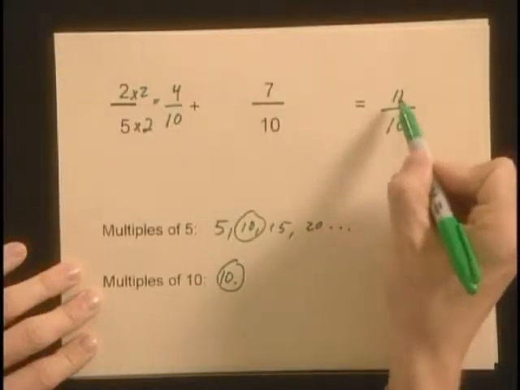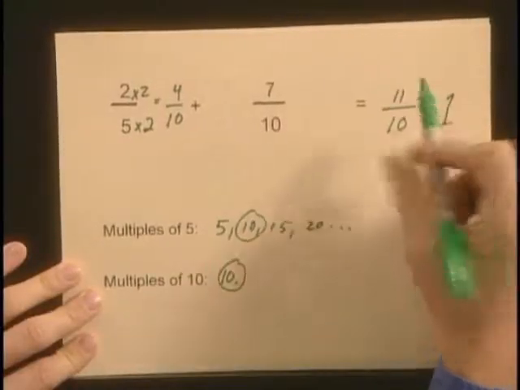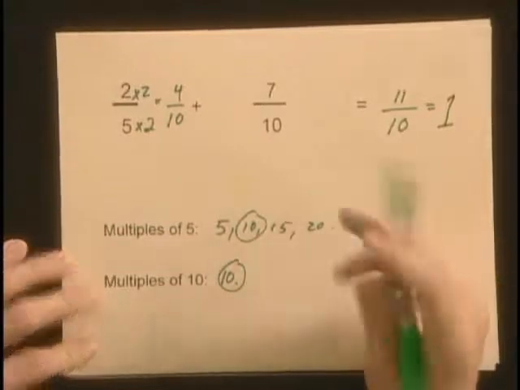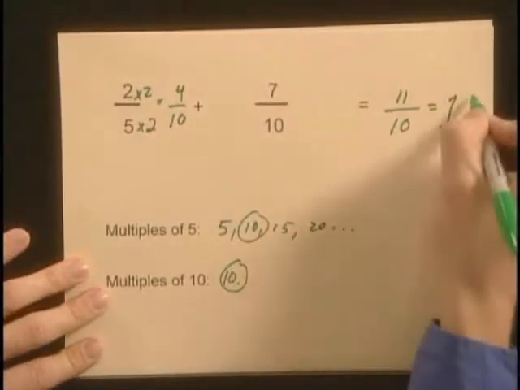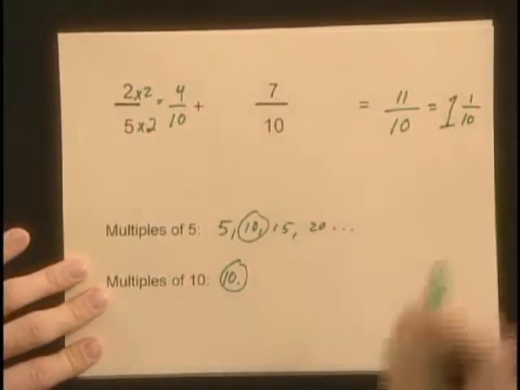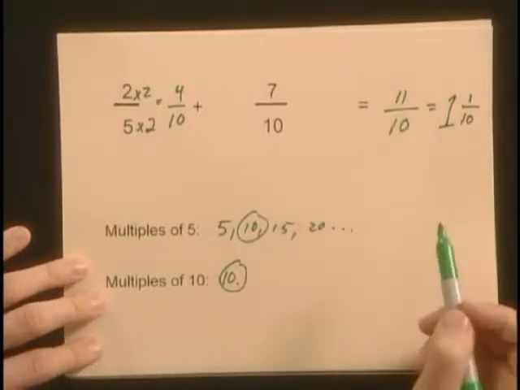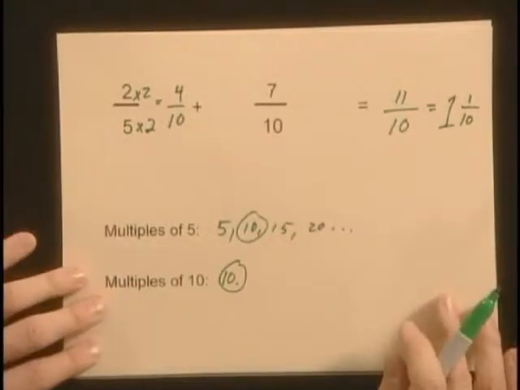How many 10s are there in 11? 1. Exactly. 1 whole number. With how many left over after we take out that original 10? 1. 1 left over. 1 over 10. So 11/10 equals 1 and 1/10. And we just simplified a fraction. Anytime you have an improper fraction, you want to be sure to simplify.